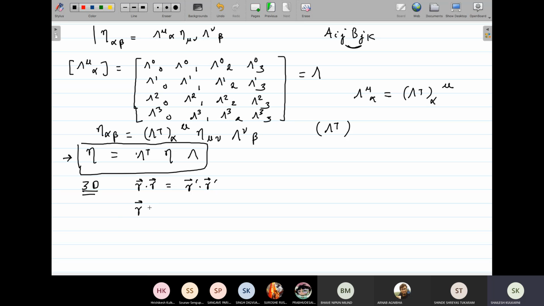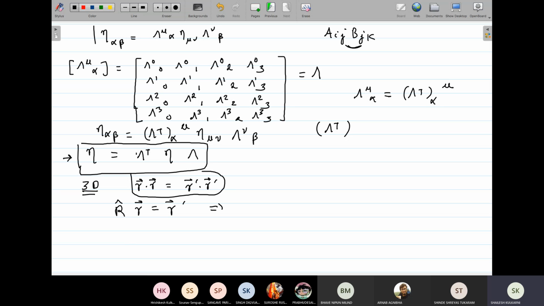If I apply rotation to the position vector r, I get vector r prime, and we demand that the rotation is a transformation which satisfies this.